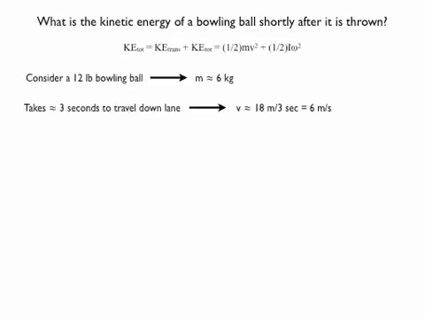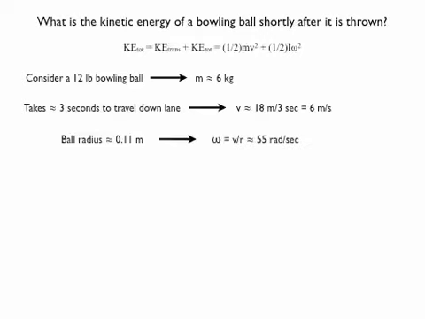Next, I'm going to think about the angular velocity. To do that, I need to know the size of a bowling ball. Again, this is something that I have looked up online. I look up the size of a bowling ball, and the radius is about 11 centimeters, 0.11 meters.